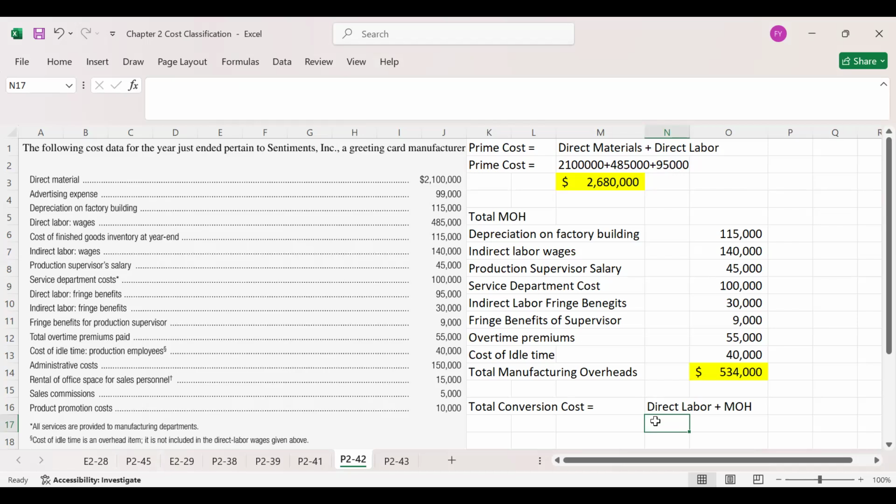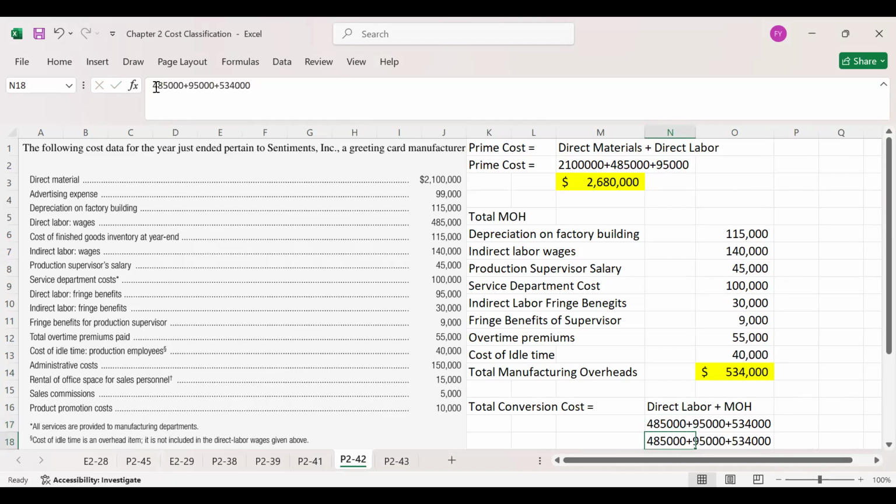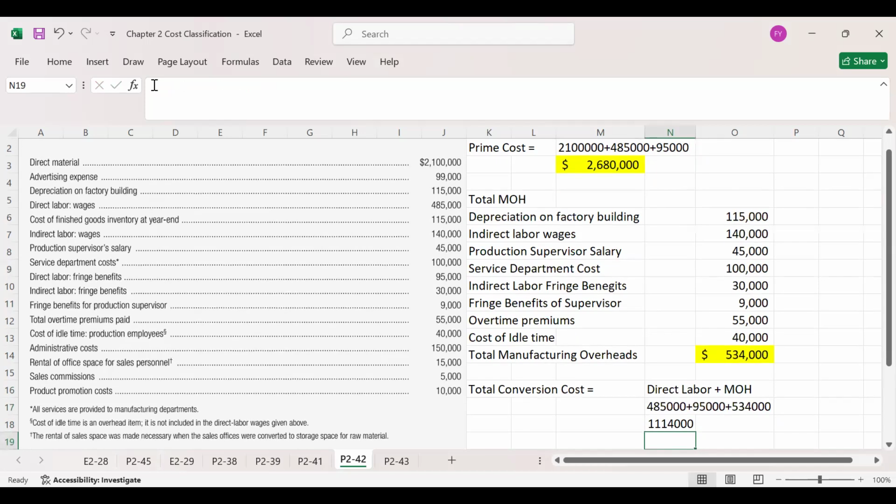So we include these two, 485,000 plus 95,000, and MOH, which we have just calculated, or manufacturing overhead, which is $534,000. So the total amount is, here you can see, the total conversion cost is $1.114 million.